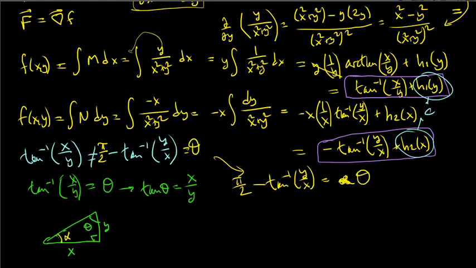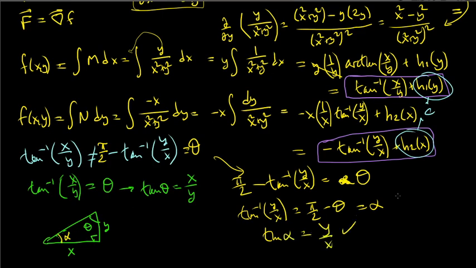This is just theta. Okay, now I think it's right. If we take the arctangent of y over x, now we get pi over 2 minus theta, which is what I called alpha here. So if you take the tangent of alpha, you do get y over x. Anyways, it works out.